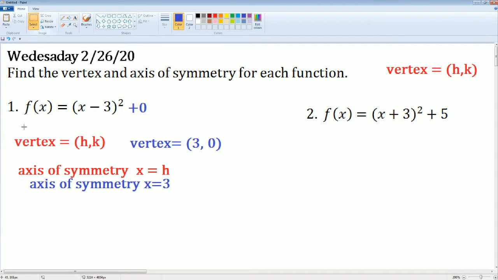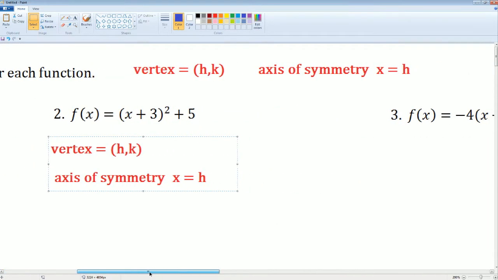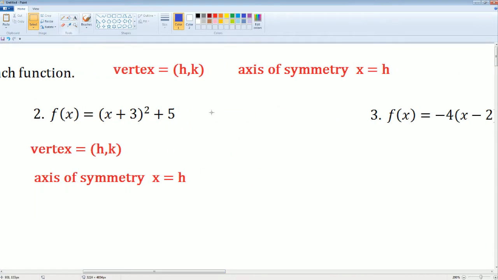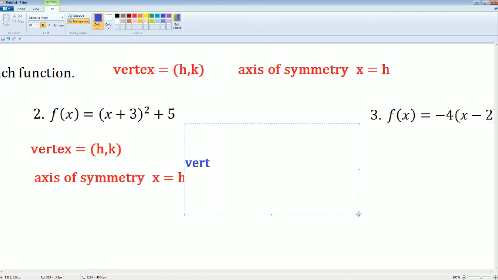All right, so I'm going to grab this again and do it for number 2. Vertex. What is my vertex here? My h is 3. Nope, it has to be the opposite, so it's negative 3.